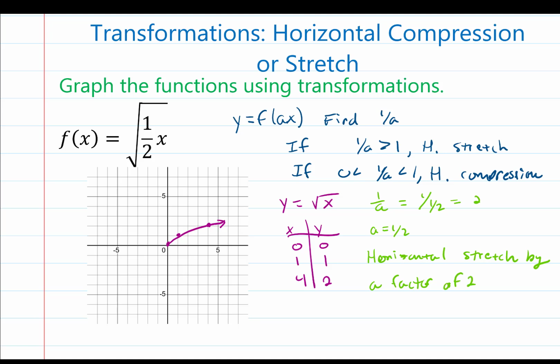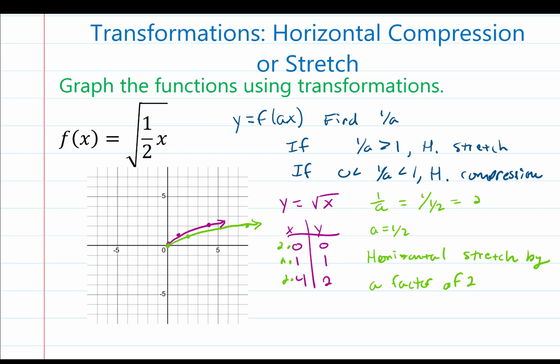And so what we'll do is multiply all of my x coordinates by 2 to get my new x coordinates, which means my new ordered pairs will be 0, 0, 2, 1, and 8, 2. So that's the graph of the square root of x that's been horizontally stretched by a factor of 2, even though the coefficient of x is 1/2.